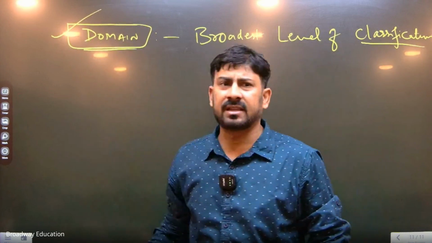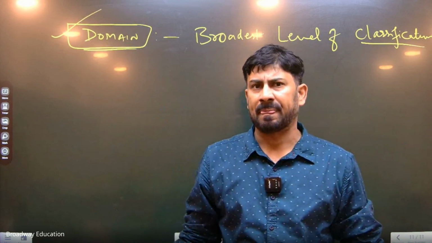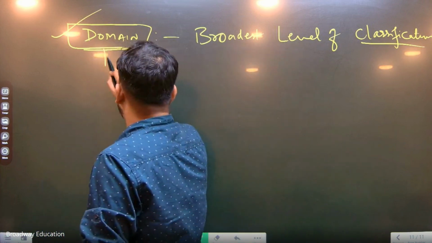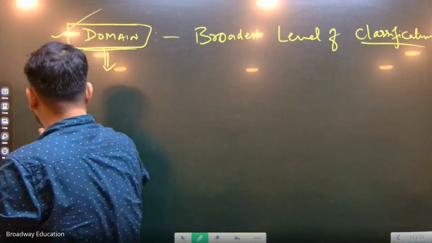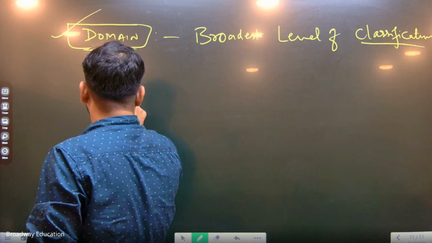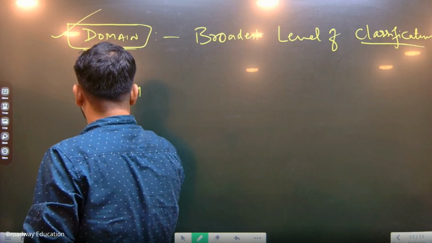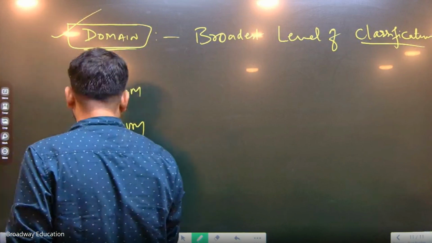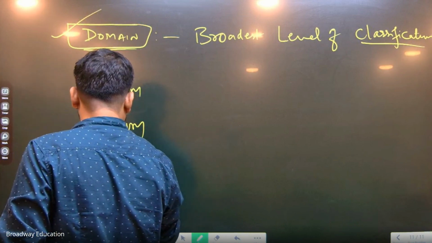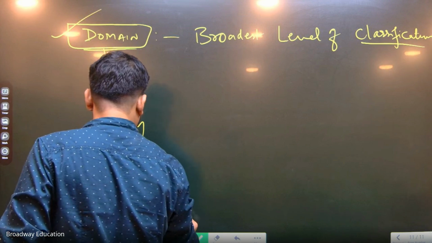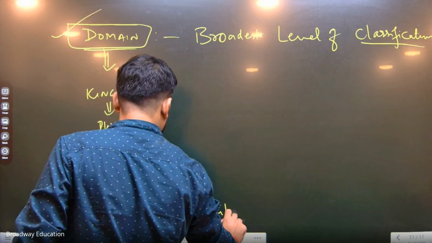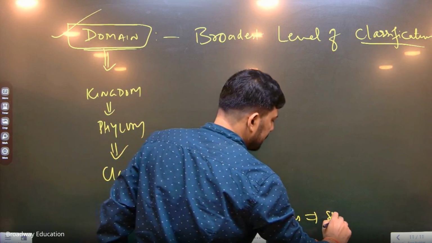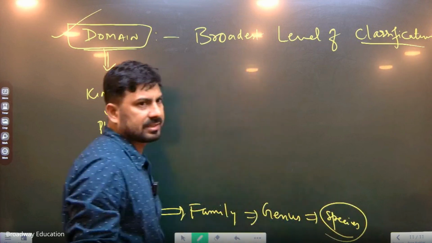Then they will ask you the second one, the highest level of classification. In that, it will be kingdom. Is this part clear? So just like this, after domain, kingdom, then phylum, then class, order, family, then we have genus, and then we have species.